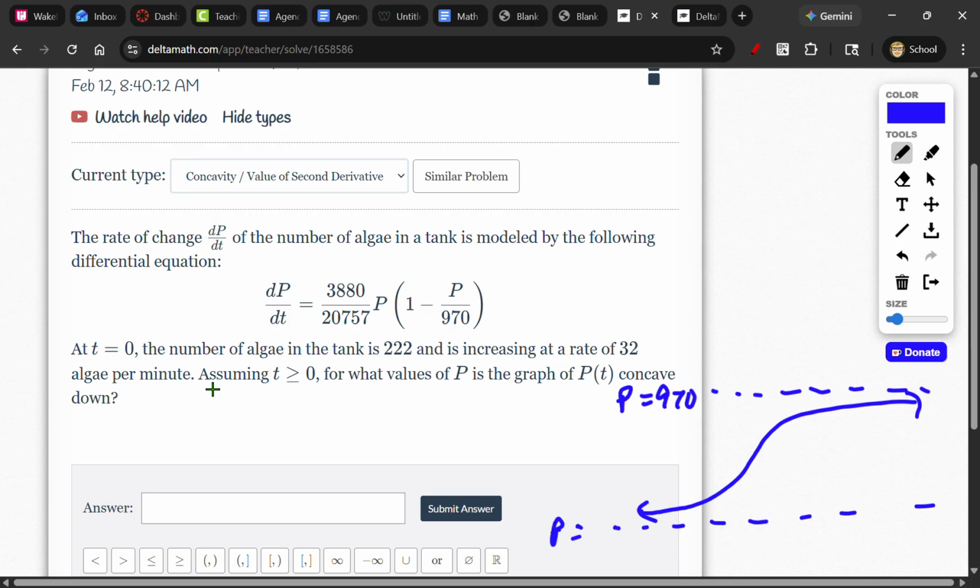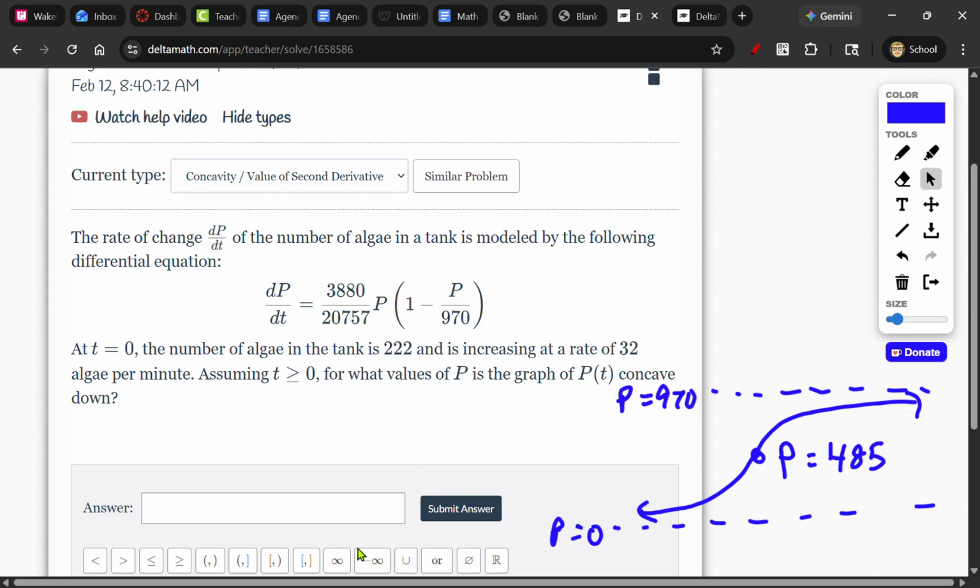And down here there's no population. And then the inflection point happens at half of that. So what's half of 970? 485, right? Okay, so before the population reaches 485 algae in the tank, we're concave up. After that, it's concave down, right?